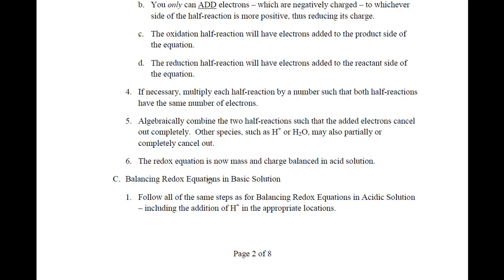For balancing redox equations in basic solution, you're going to follow all the same steps as you did for balancing in acidic solution, including the addition of hydrogen ion. Even though the question says it's in basic solution, for the beginning, let's just pretend that we're doing it in acidic solution and we're going to use H plus and water.